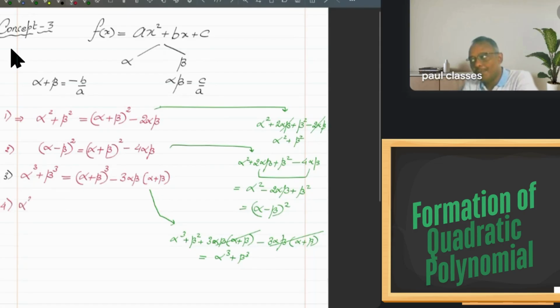Alpha cube minus beta cube की जरूरत पड़े तो फिर what are you going to do? You will write this as alpha minus beta ka whole cube plus 3 अल्फा बीटा अल्फा माइनस बीटा जैसे लिख लेना.